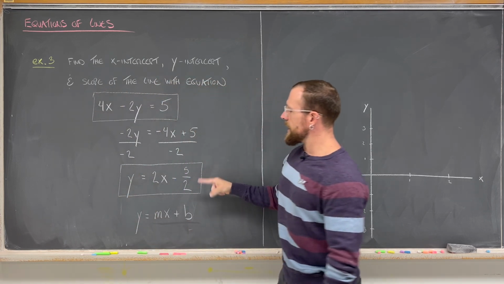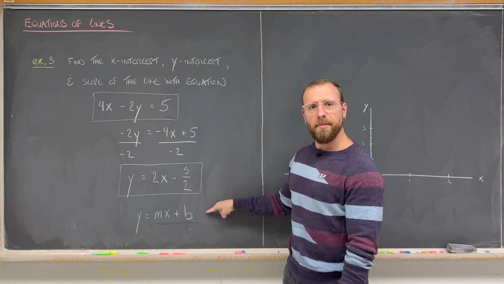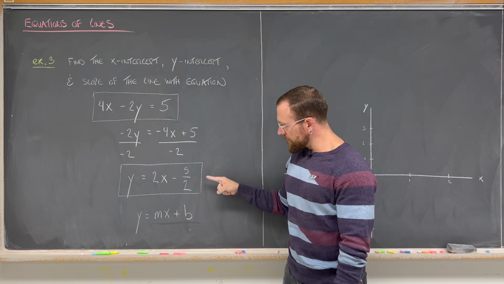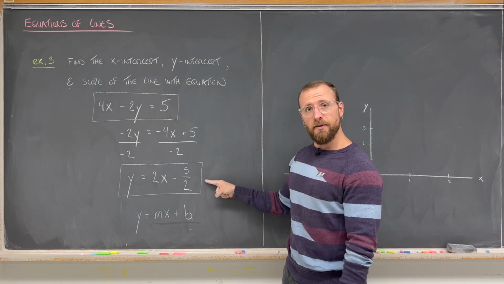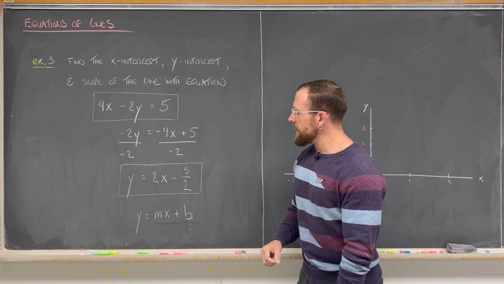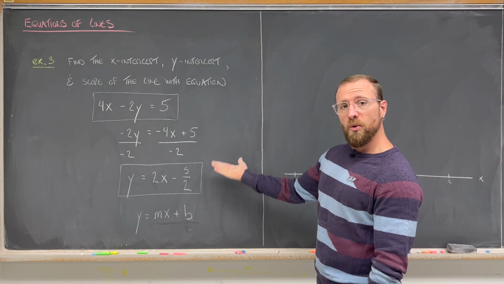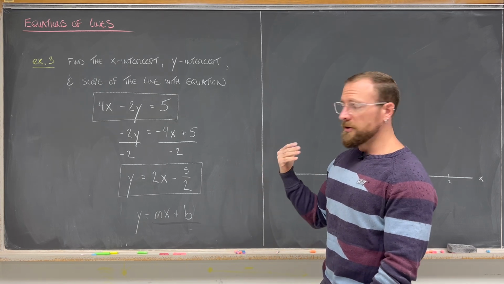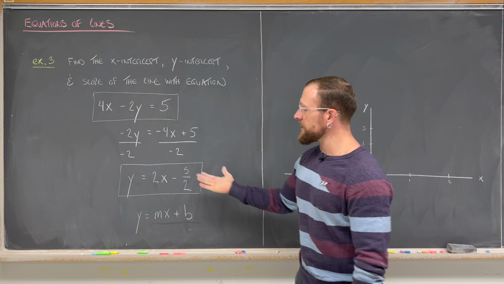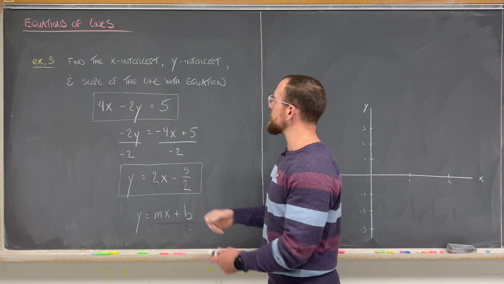But now I recognize that it has the form y equals mx plus b. And I know that the graph of this equation is therefore a line, because it's the graph of a linear function. Okay? Since I did that work, I can read off for you the slope and the y-intercept right away. That's what these numbers 2 and negative 5/2 are.